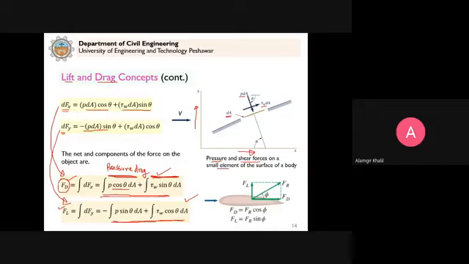And this component which is due to the shear stress is known as friction drag. So pressure drag, also known as form drag, plus friction drag, also known as skin friction drag, will make up the total drag on the body.